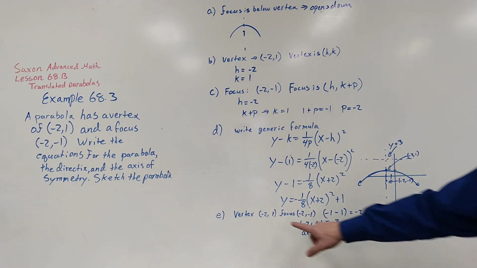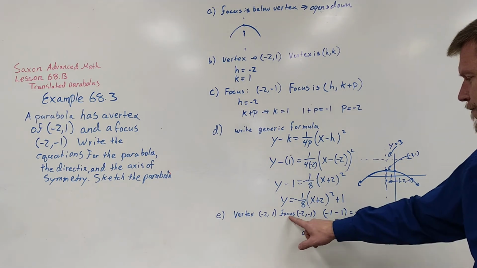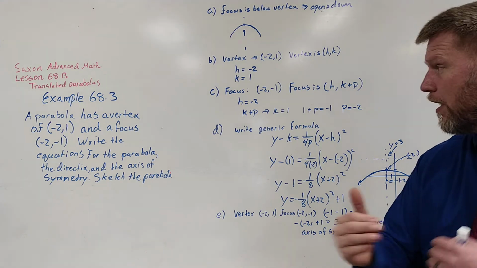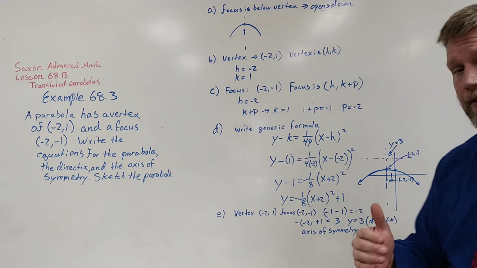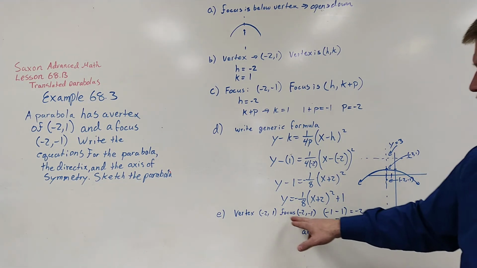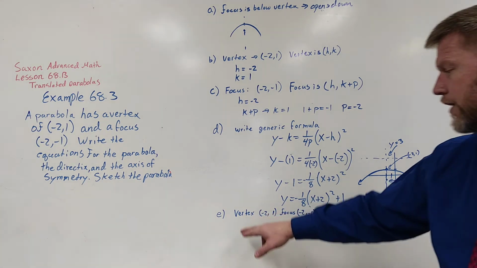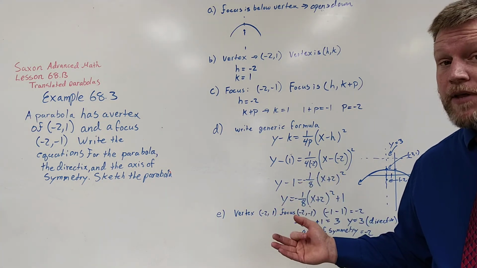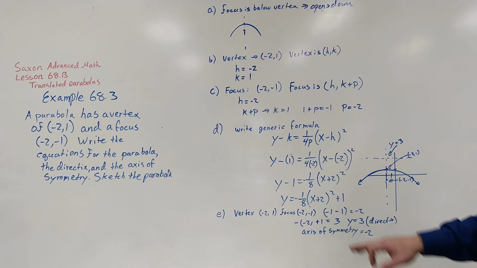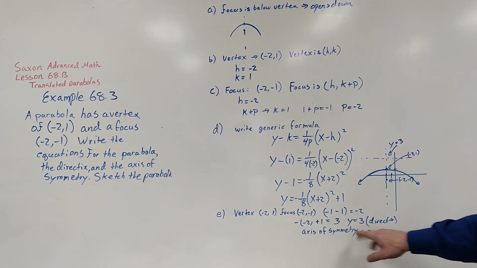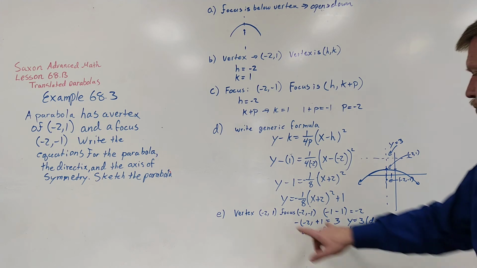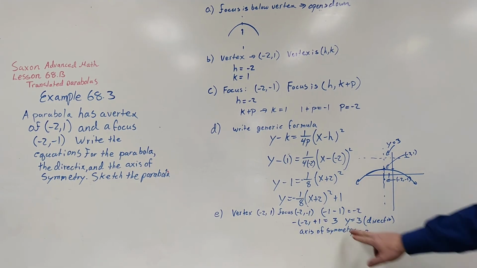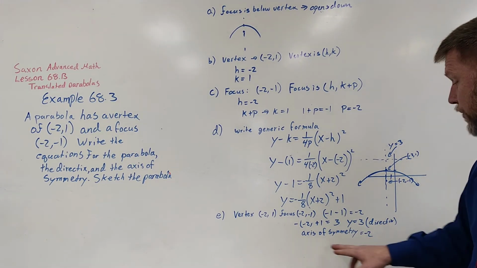If my vertex is at 1, the focus and directrix have to be on opposite sides of the vertex. If the focus is 2 away from the vertex, so is the directrix. So I add 2 to 1, which gave me 3, because that's how far apart these two numbers were. So my directrix is y equals 3.